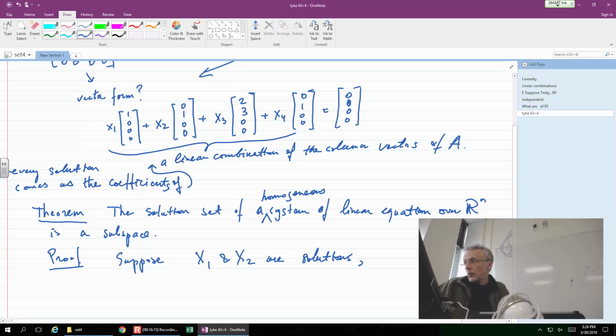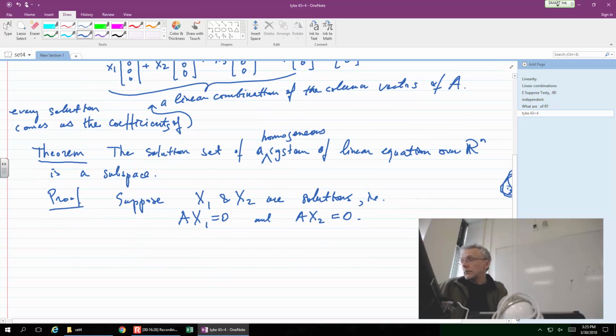So what does it mean? Ax1 is equal to 0 and Ax2 is equal to 0. There is nothing else. And then let's form a linear combination. So let x be equal to, say, a x1 plus b x2, a linear combination of these two solutions.